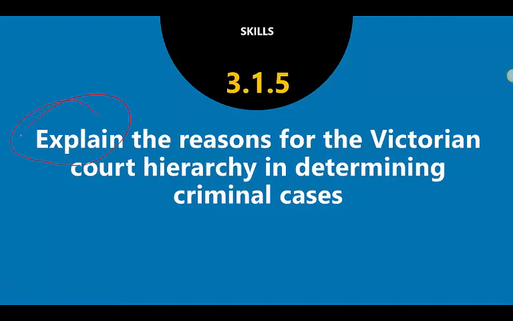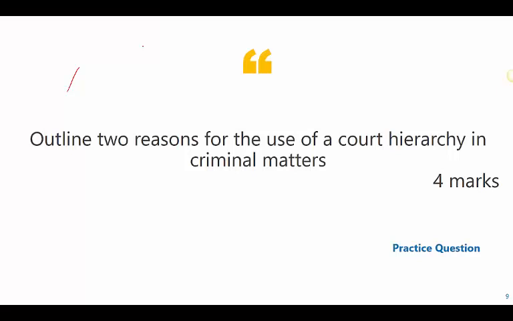Our skill here is to just explain, so we just need to show understanding of the reasons for a court hierarchy in order to get the full mark. So the sort of question you might receive is something like this one.